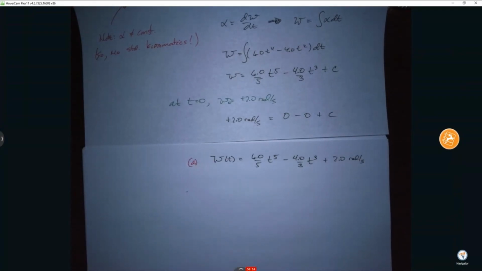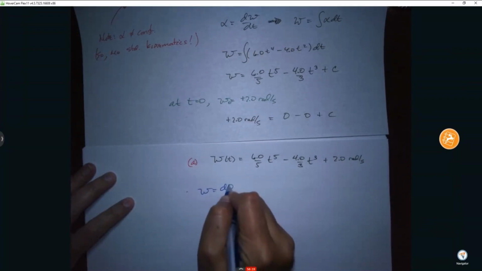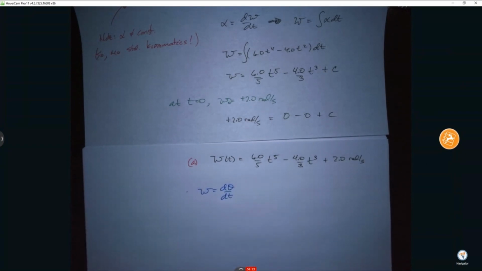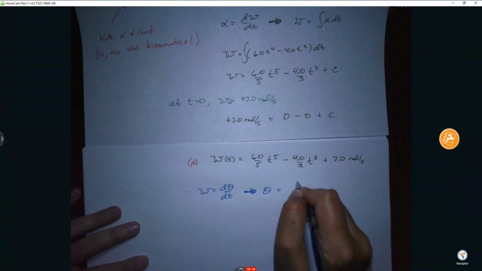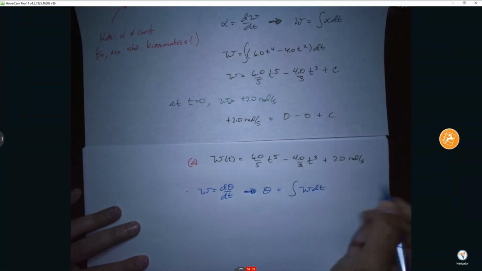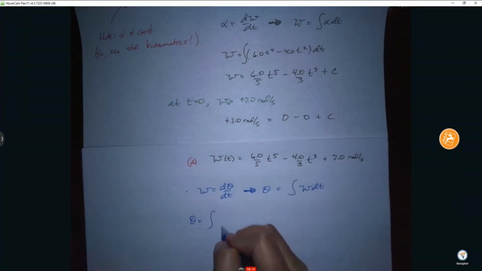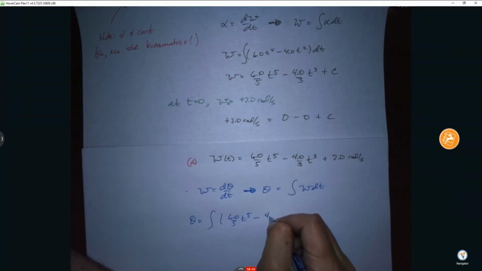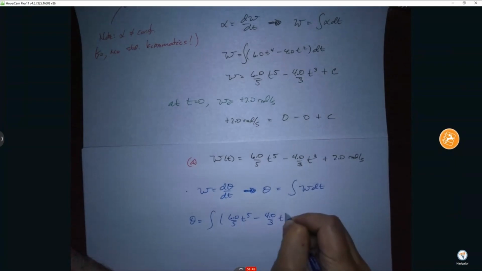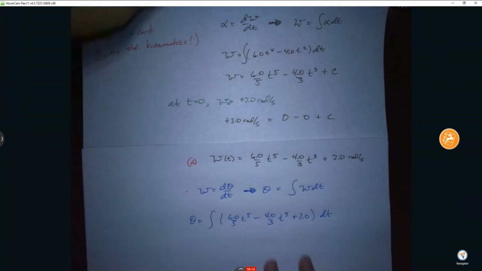To get the next part, we state that omega is the time derivative of the angular position. So the angular velocity is the derivative of the angular position, and therefore our angular position is the integral of omega dt. We plug in the omega: integrating 6 divided by 5 times t to the 5th minus 4 divided by 3 times t cubed plus 2 with respect to time.